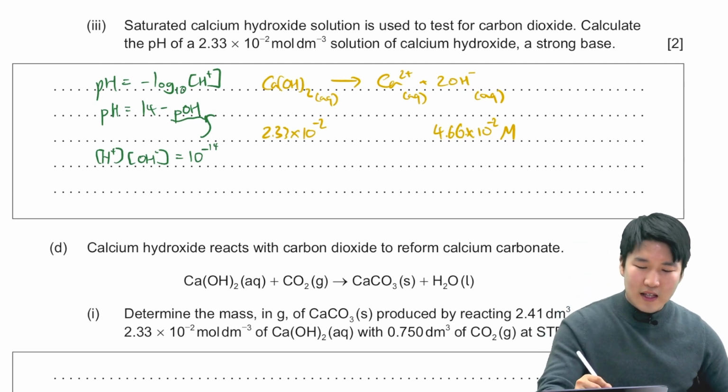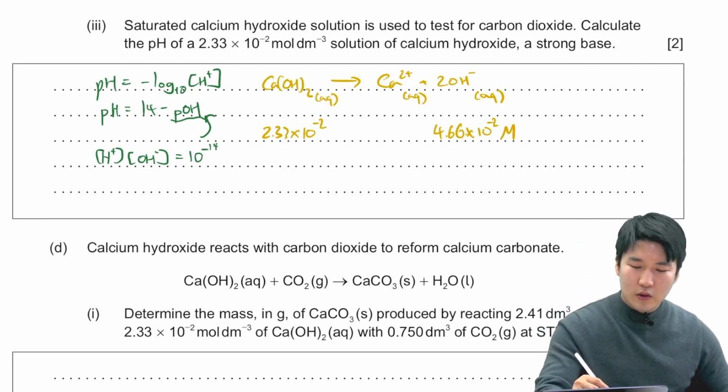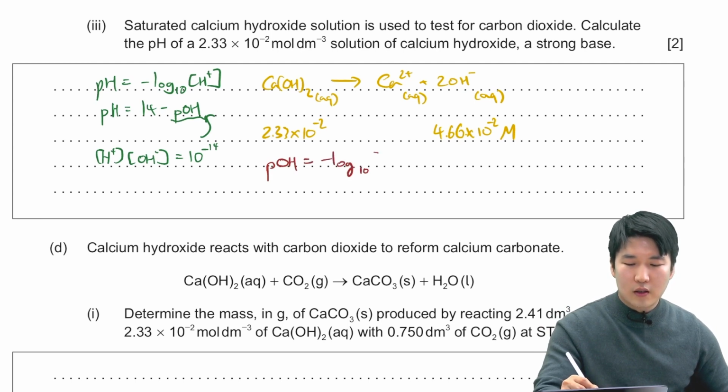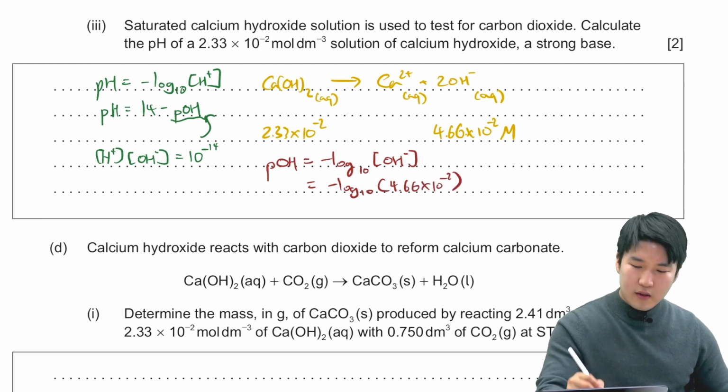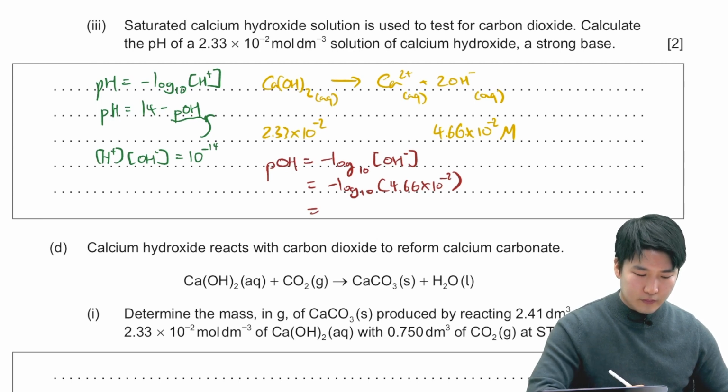which means that the pOH will be minus log OH minus, meaning minus log 4.66 times 10 to minus 2. Do the math, and we'll be given 1.332.